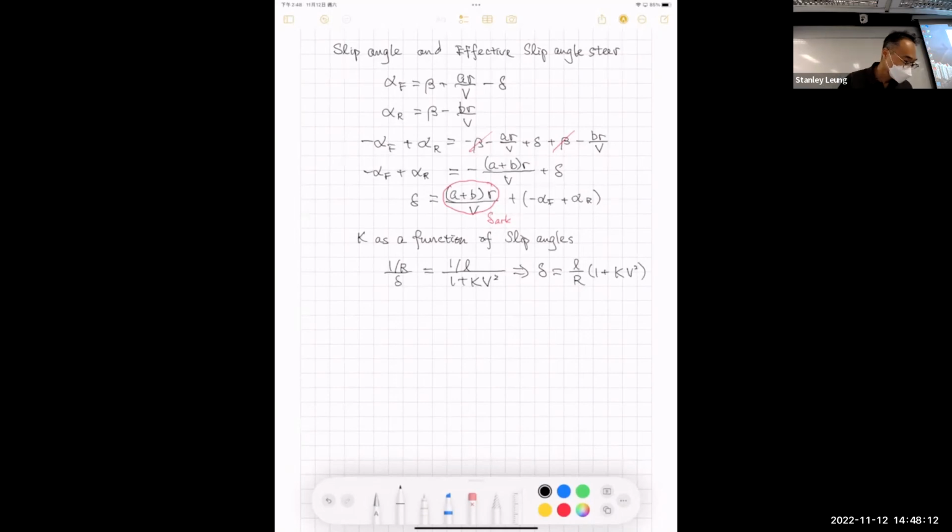That means your delta equals L over R plus L K V squared over R. You can see this term and this term actually match, and this equals this.